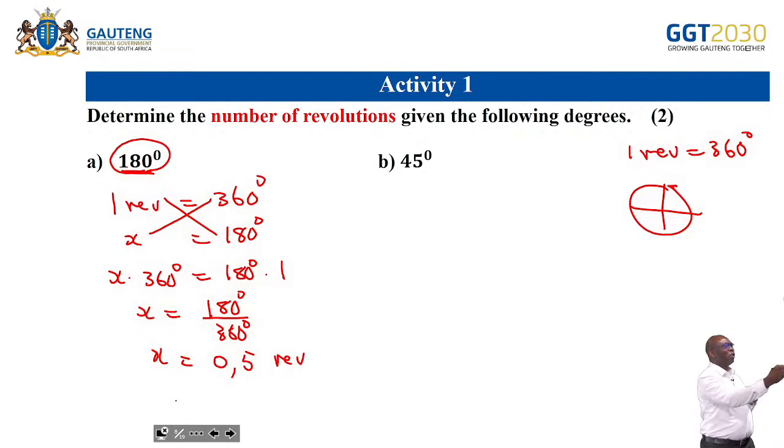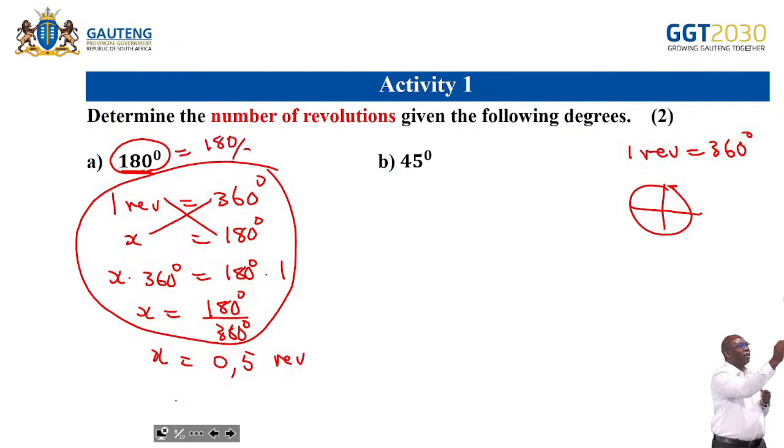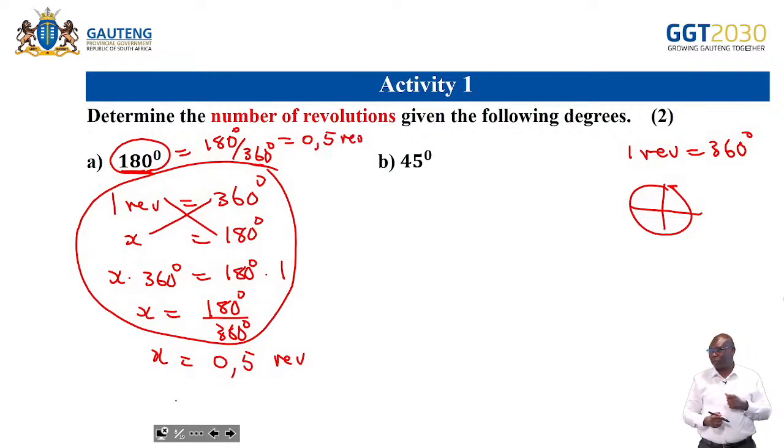But I did not need to do all this. What I needed to do was take 180 degrees and divide it by 360 degrees, because I know that the degrees I have there is 180 degrees. I need to divide by one revolution and my answer was going to be 0.5 revs, revolutions. All right, 45, same thing.